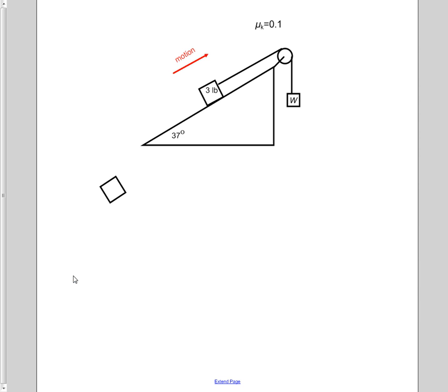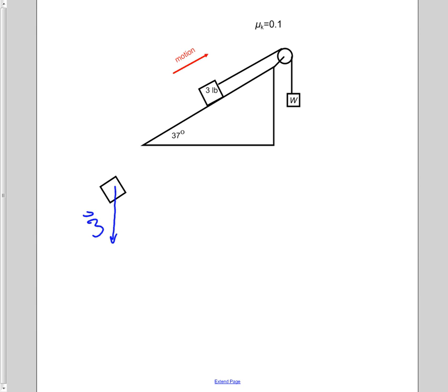Well, there is its own weight, which is 3 pounds down.